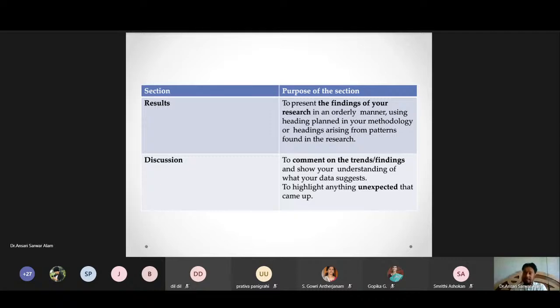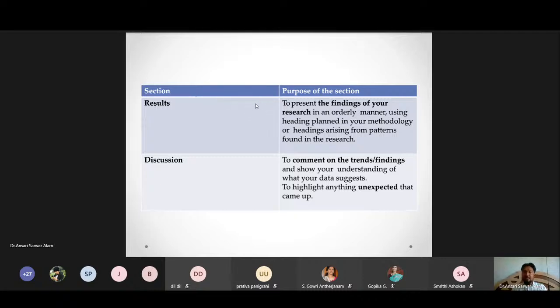Then discussion. After writing about the result, you are supposed to discuss why a particular variable has impacted, why a particular variable was impacting another variable, and why a particular variable was not impacting another variable.